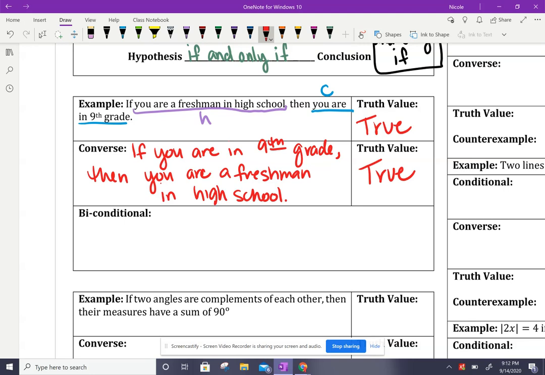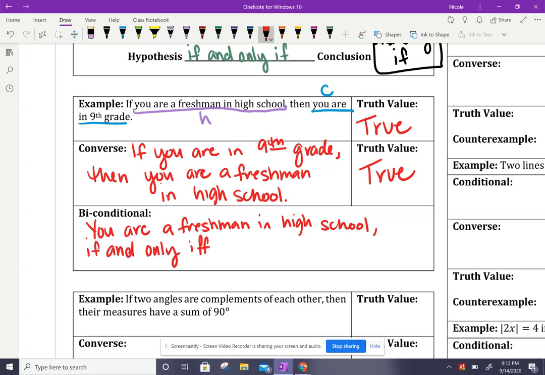So the words if and then go away, and I write the hypothesis, you are a freshman in high school, comma, if and only if, comma, you are in 9th grade.